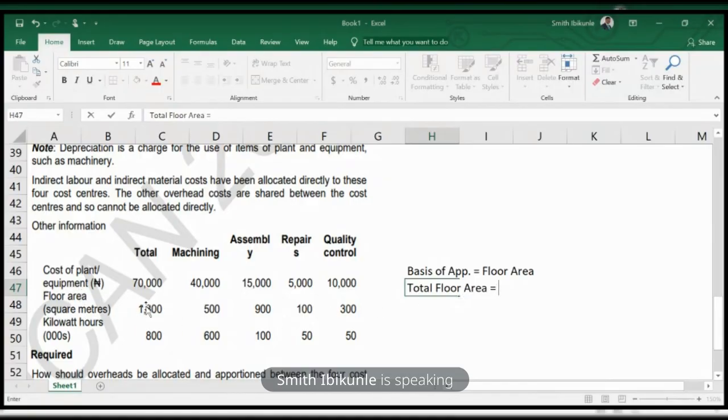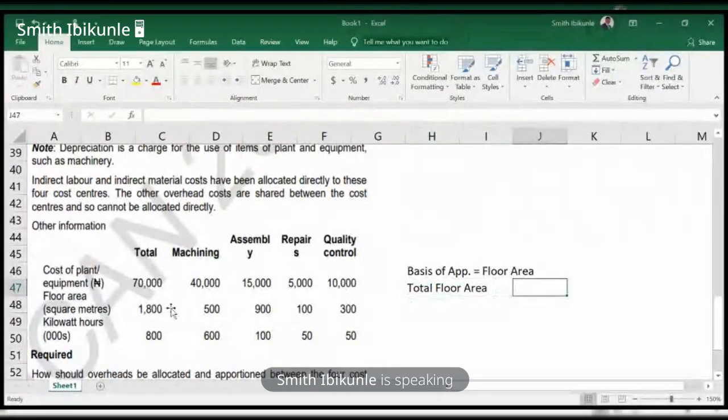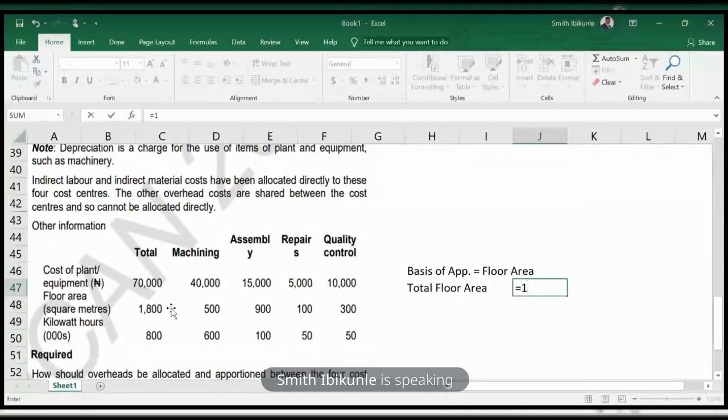We have 1,800. Sorry, 1,800 is the total, and the total is already given. So total floor area is 1,800.